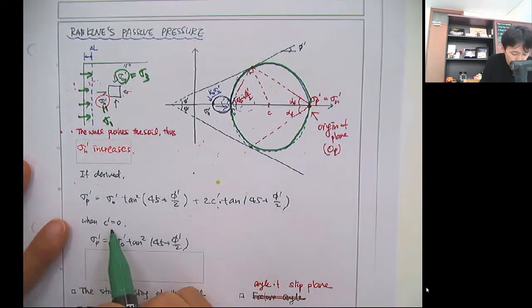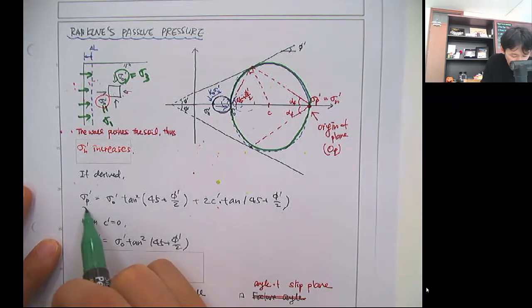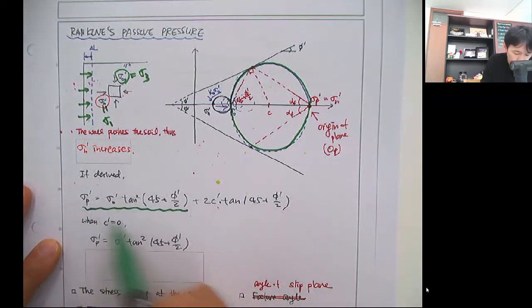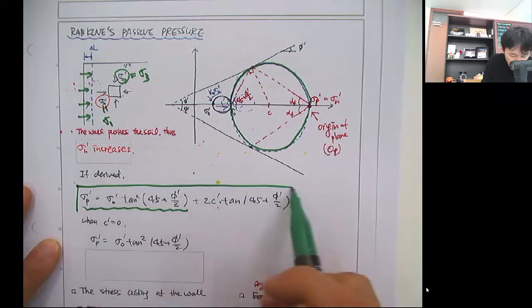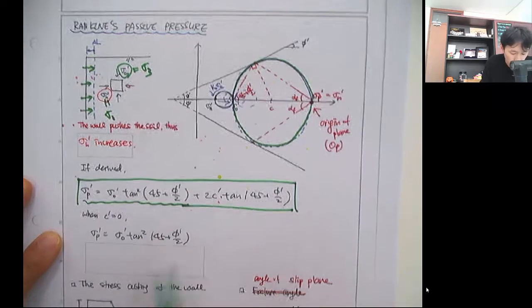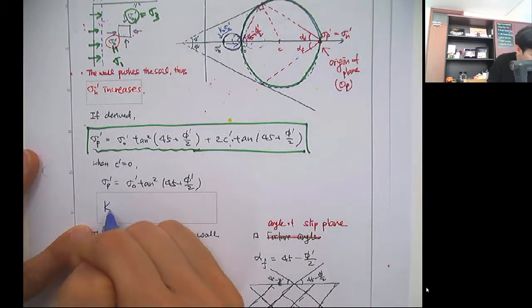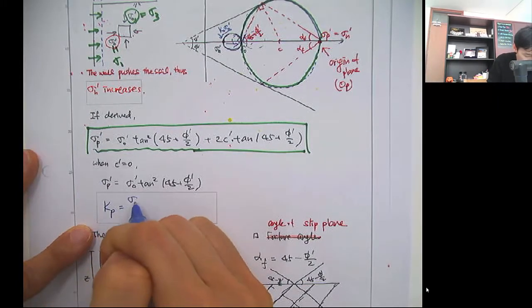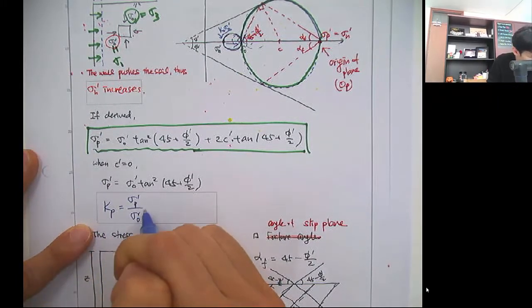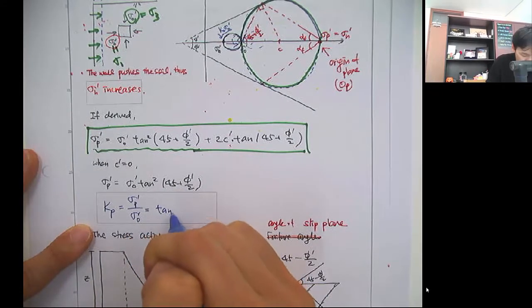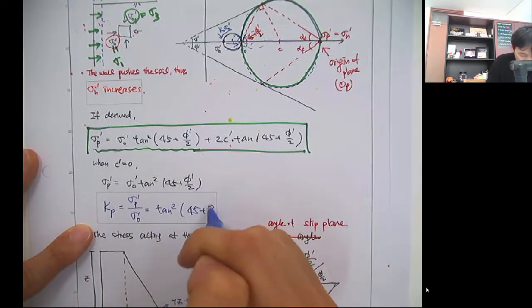And when the c prime is 0, then you have only this term remaining, right, from this equation. So then Kp is sigma p prime over sigma naught prime, so tangent squared of 45 plus phi over 2.